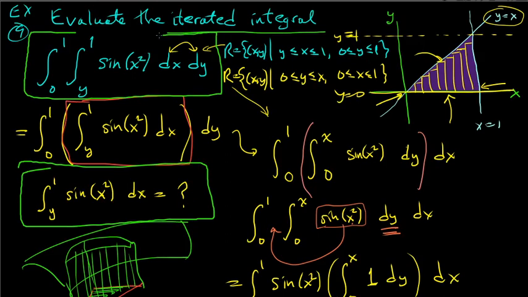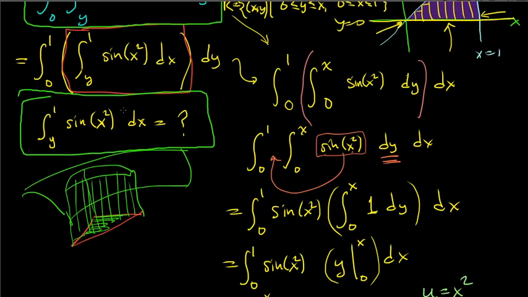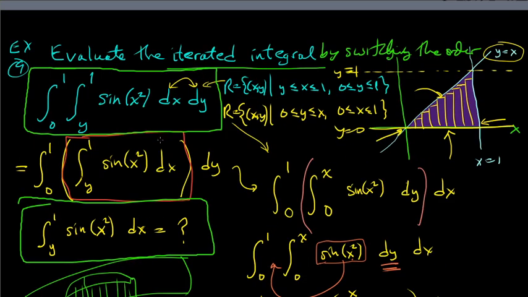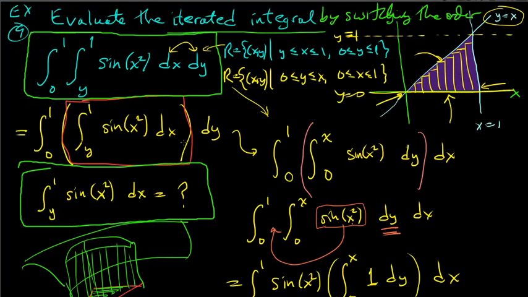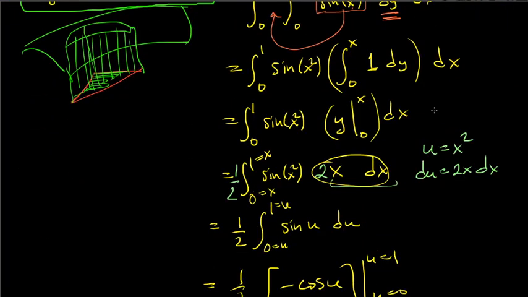Again, in the book, it might give you a hint: evaluate the iterated integral by switching the order. Just don't get used to that, right? If you try it directly and you end up with this weird integral that you don't know how to integrate, then that should give you a clue that you need to switch the order.